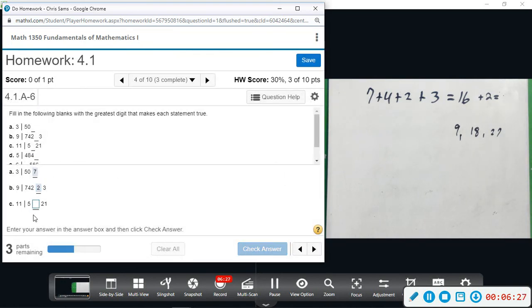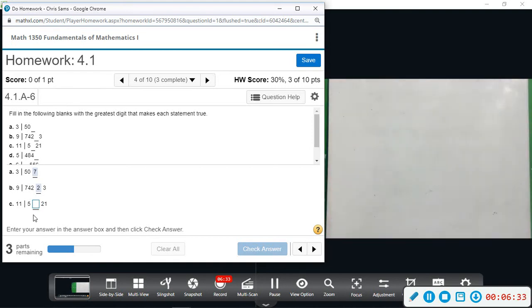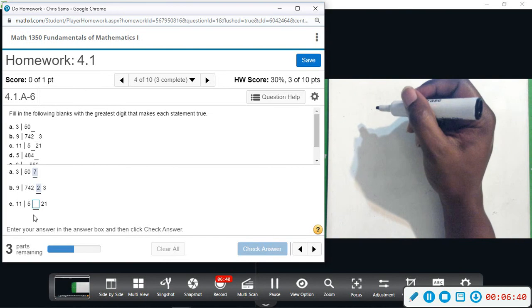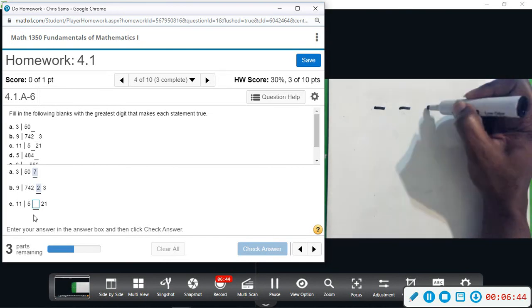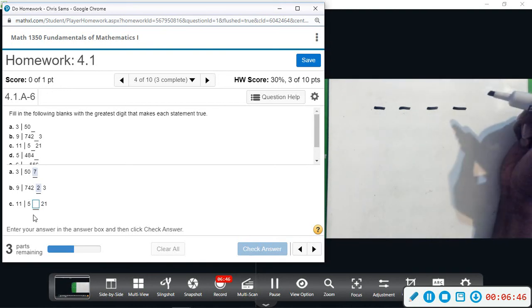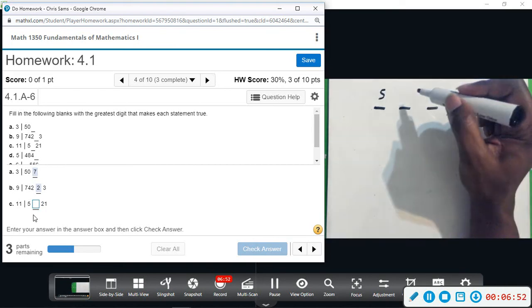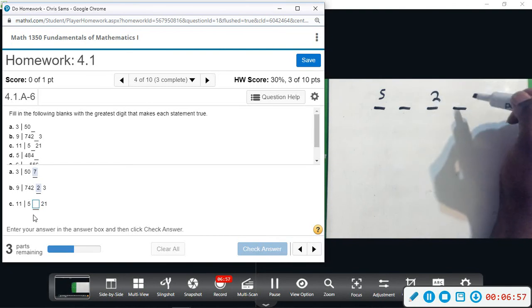Alright, so 11. This one is going to be a little bit more of a challenge. Okay, so 11 says you're going to add up the even place values and the odd place values and subtract them. Okay, so we have a 5. We need to fill this one in. We have a 2, and then we have a 1.